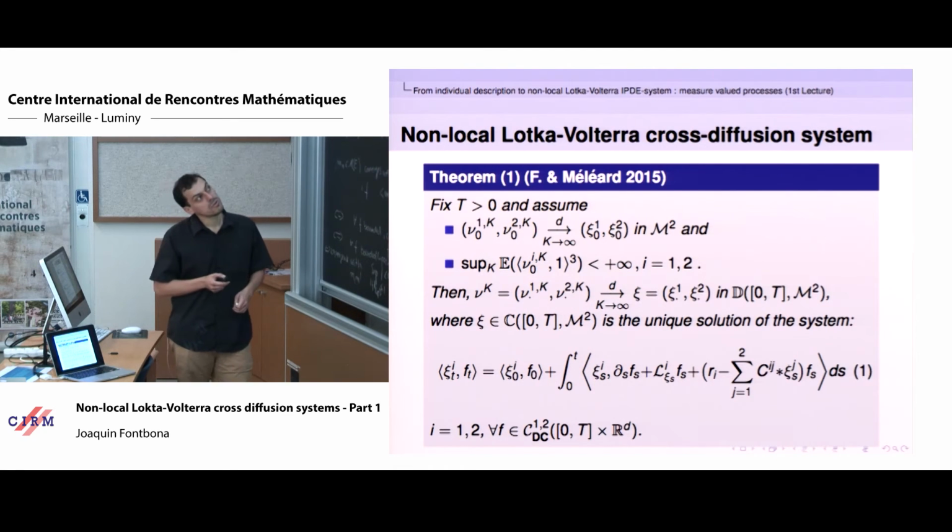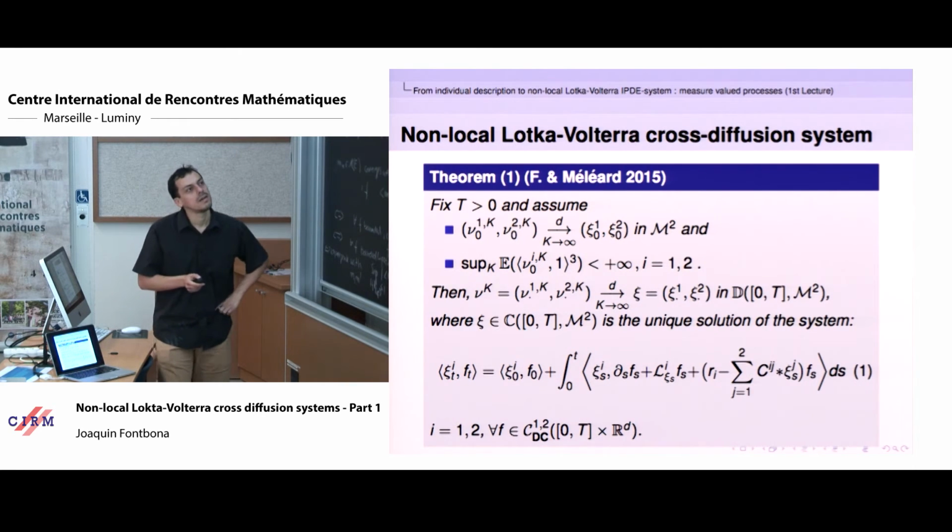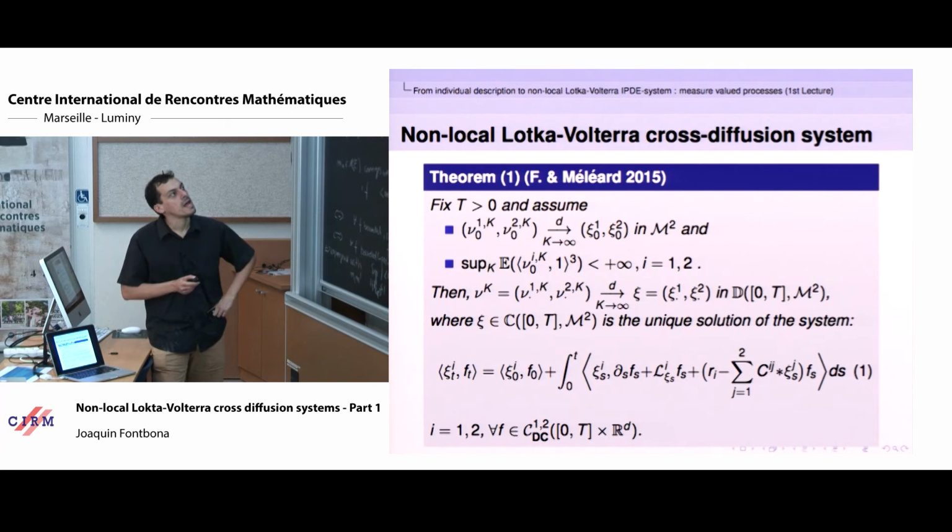And then I can conclude that my process converges in distribution in this space, which I will say exactly what it is, to some function, so indeed it is a measure, it's a flow of measures which solves this equation.